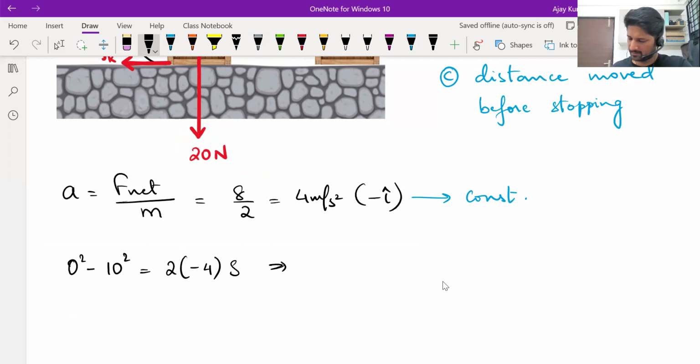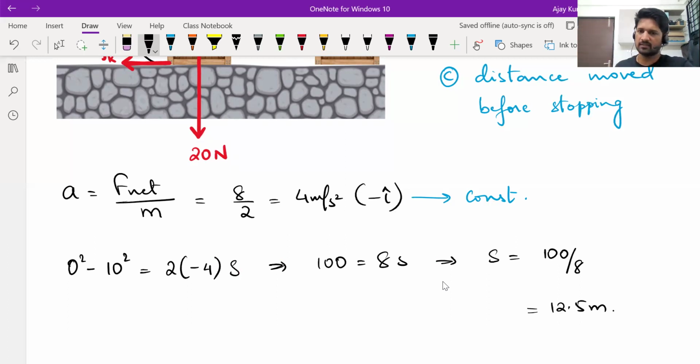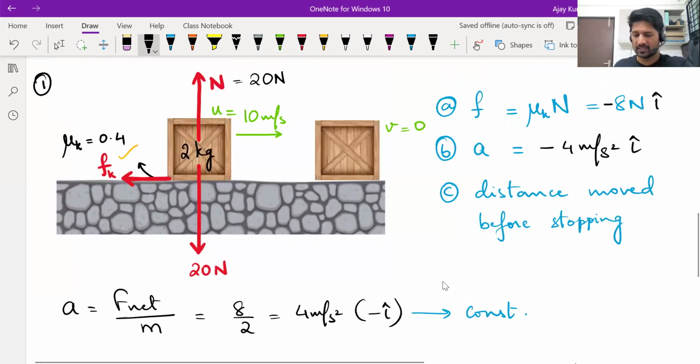Minuses cancel. 100 equal to 8s. So the distance, actually the displacement covered before stopping will be 100 by 8, that is 12.5 meters. And because it moves in a straight line without changing direction, displacement will be equal to distance. Okay, so it slides for 12.5 meters before stopping.